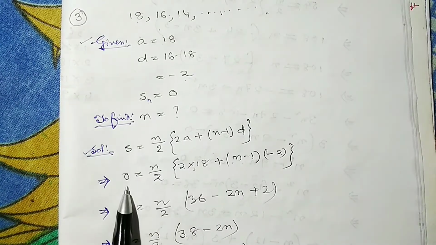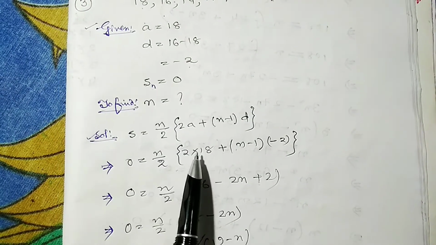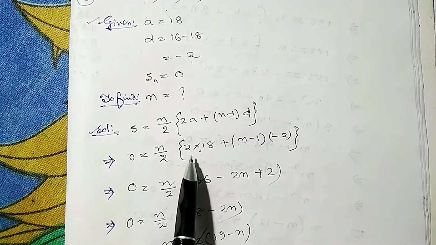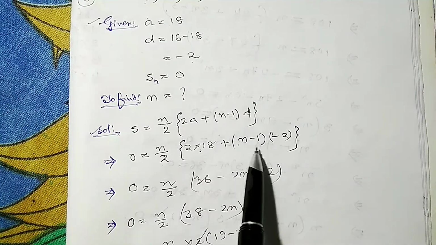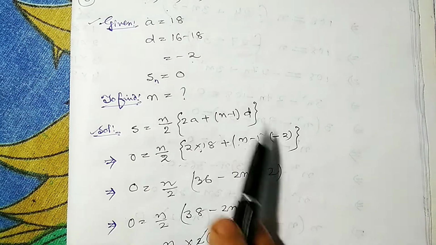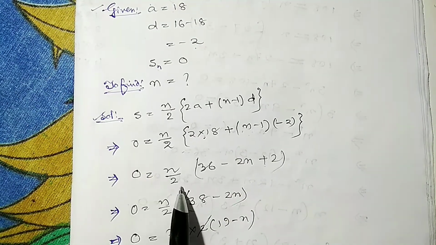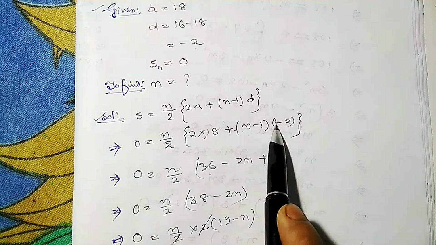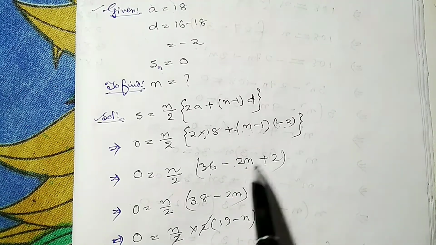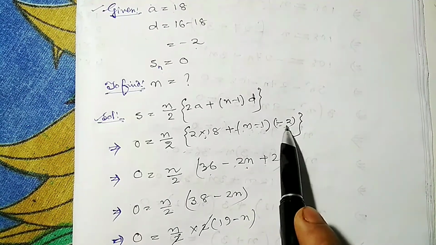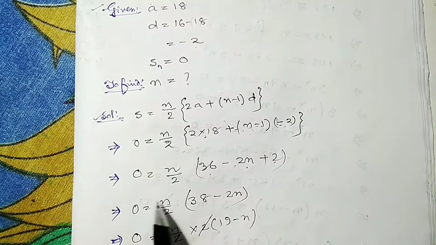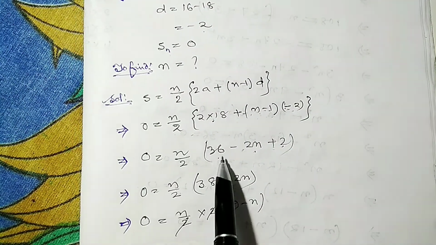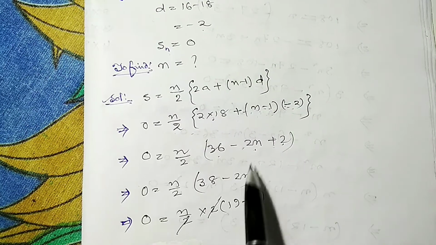So here sum is 0, n by 2, twice A is 18 twice, A plus n minus 1, D is minus 2. So 0 equals n by 2, 18 twice is 36, plus minus 2 into n minus 1, so minus 2n plus 2. So 0 equals n by 2, 36 plus 2 is 38, minus twice n.